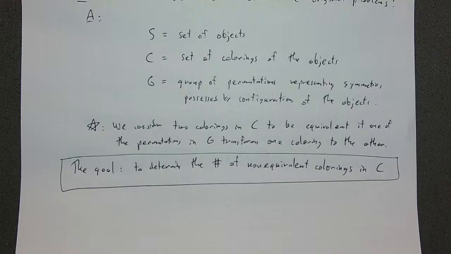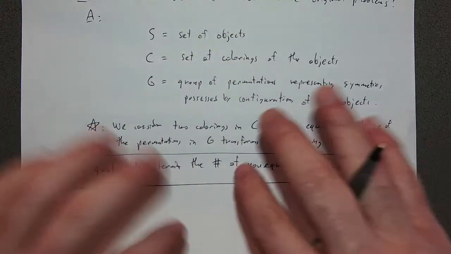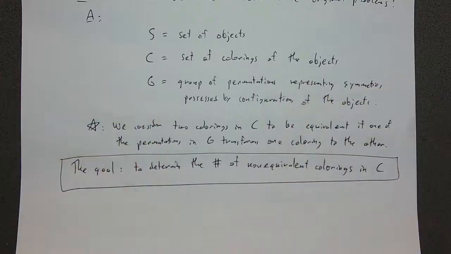Again, notice even in the two examples I gave, the context made it clear what symmetries we were interested in. So, for instance, in the case of King Arthur and his knights sitting around the round table, we were just interested in rotational symmetry. In the case of these necklaces, we were interested in rotational and reflection symmetry because we think of this as being able to turn the necklaces over.